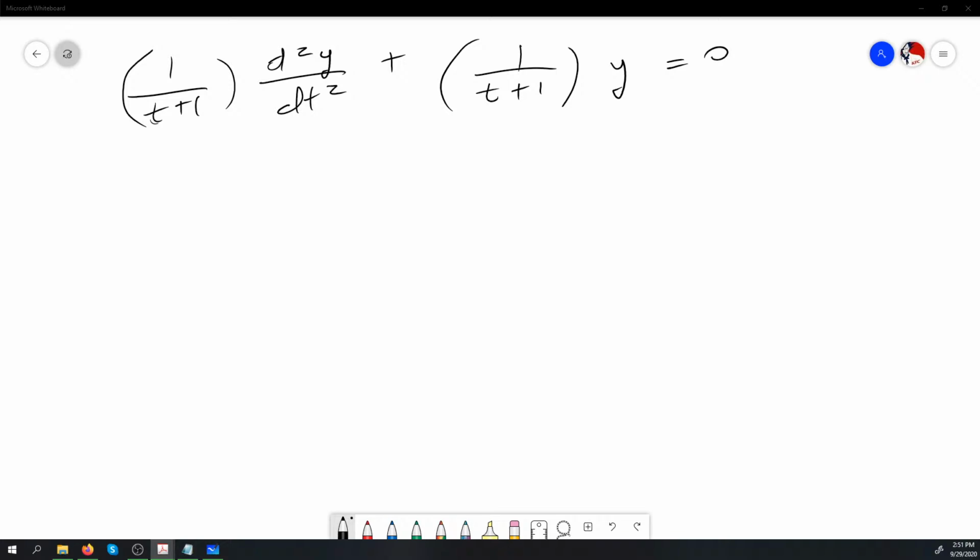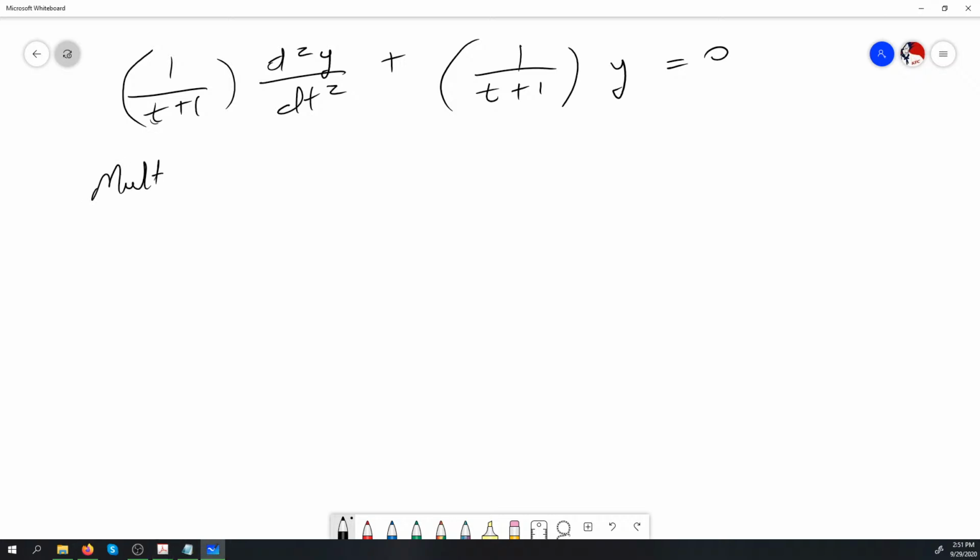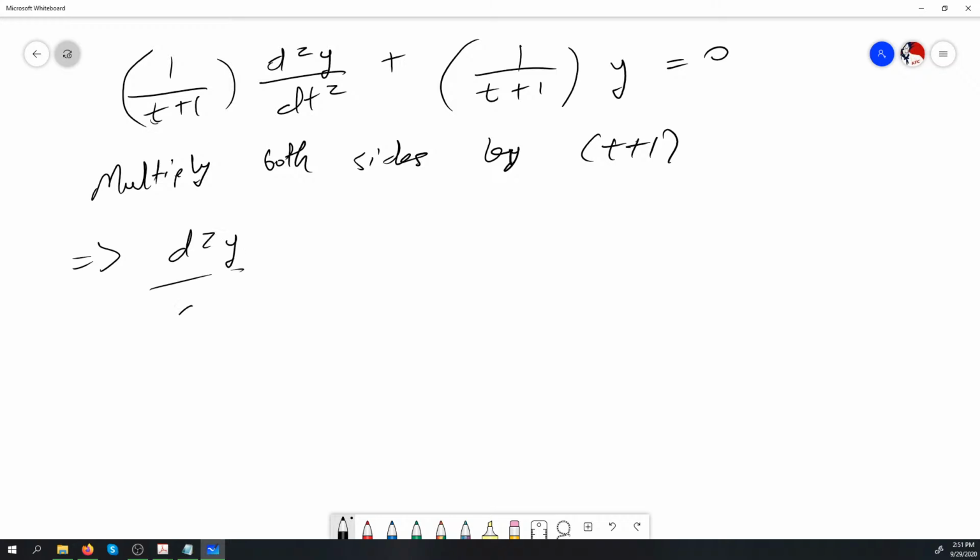So for part C, if we multiply both sides by t plus 1, our resultant equation becomes d squared y dt squared plus y equals 0.